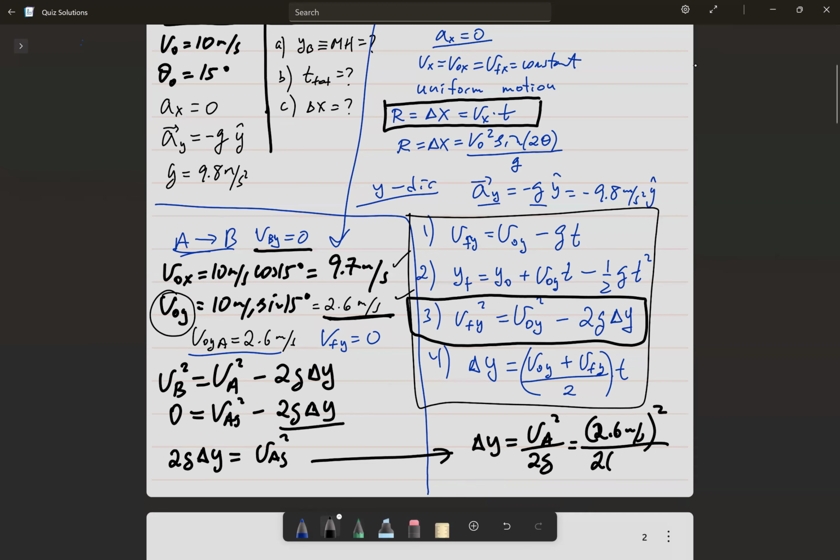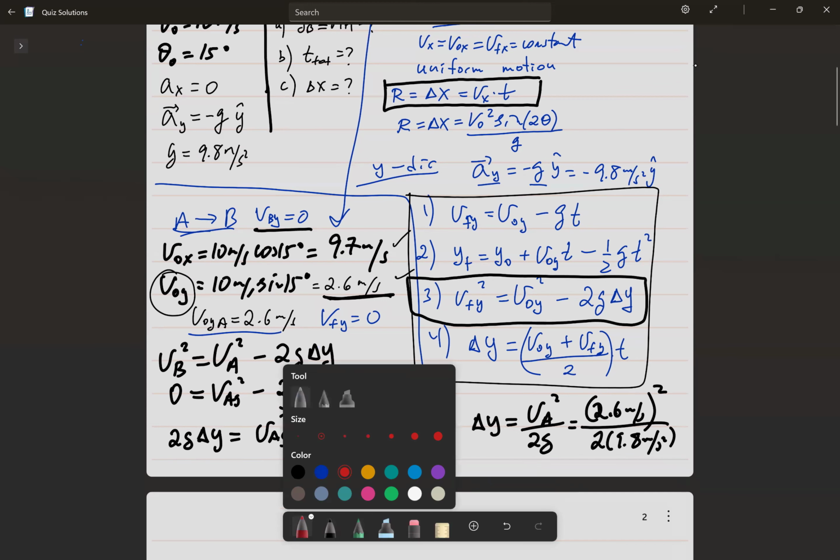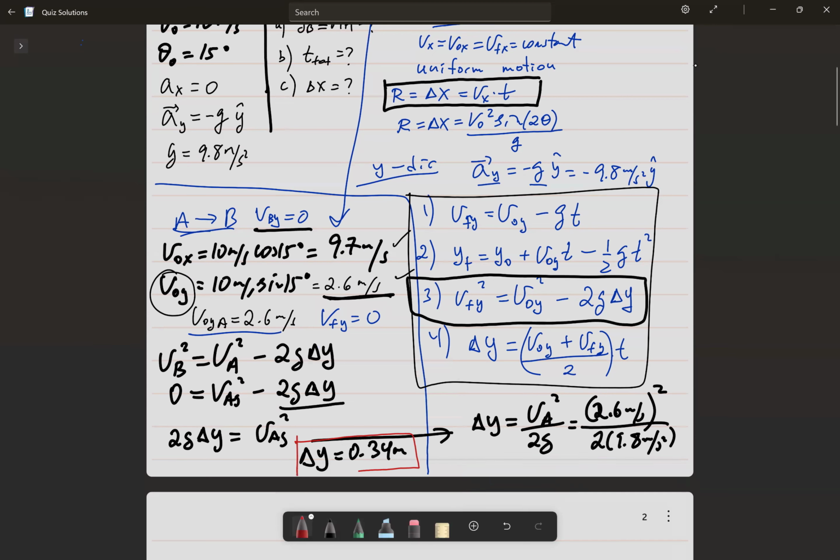Squared, divided by 2 times 9.8 meters per second squared. If we calculate that, delta y should be 0.34 meters. So this will be the answer for part A.